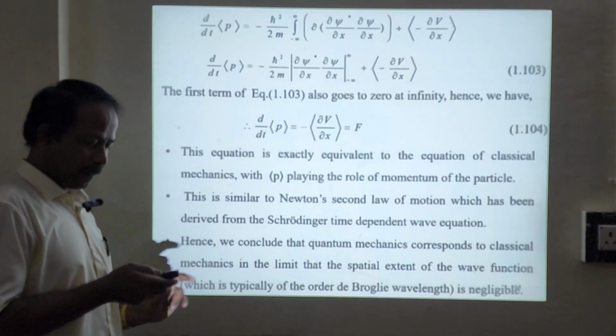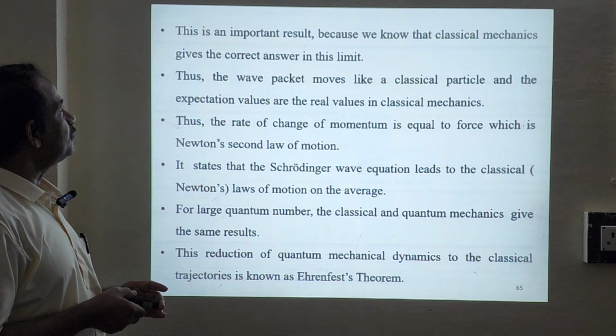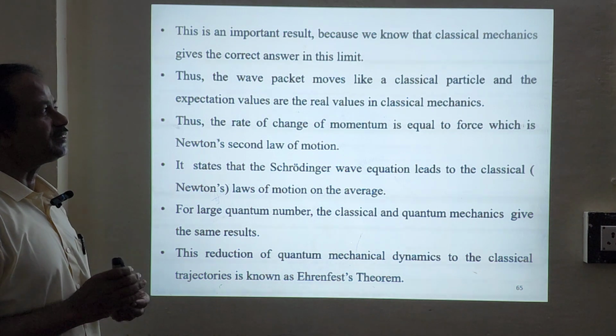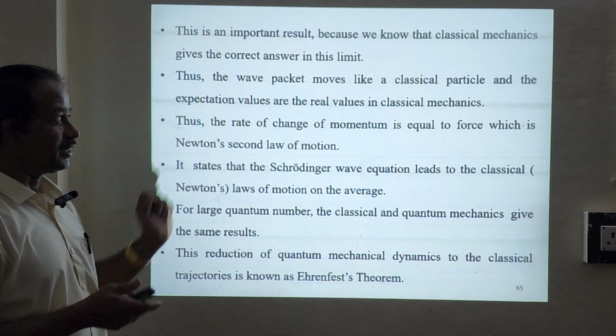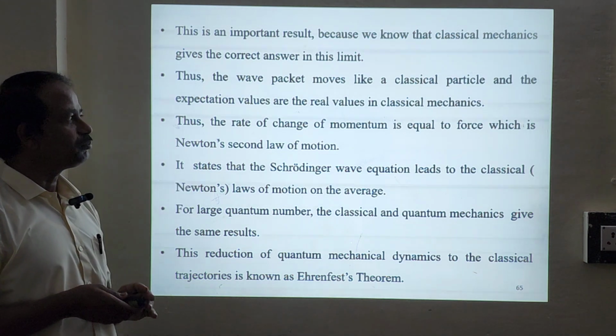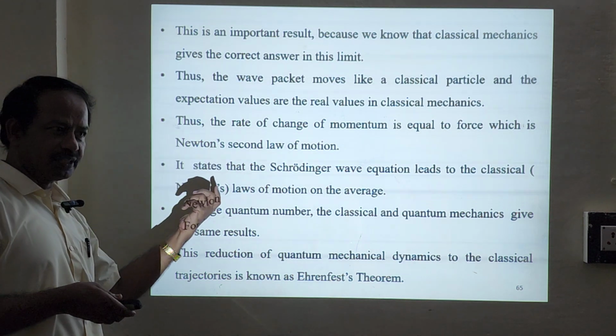Okay, that's the reason. So this is an important result, because we know that classical mechanics gives the correct answer in this limit. Thus the wave packet moves like a classical particle, and the expectation values are the real values in classical mechanics. Thus the rate of change of momentum is equal to force, which is Newton's second law of motion, which we have already seen.